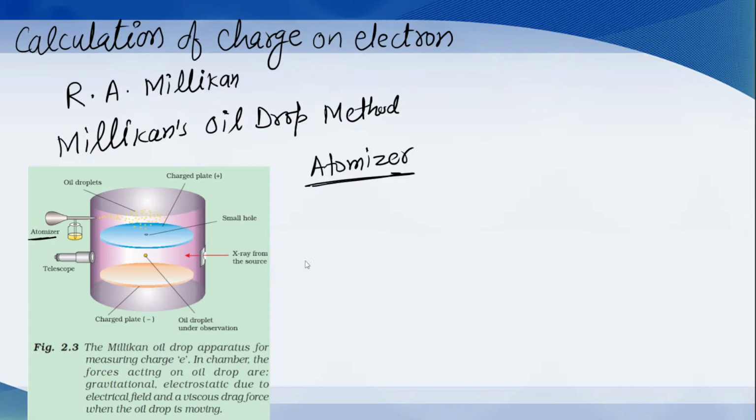These are the oil droplets. The atomizer is used to form these fine droplets, and they were allowed to enter the chamber through this fine hole.